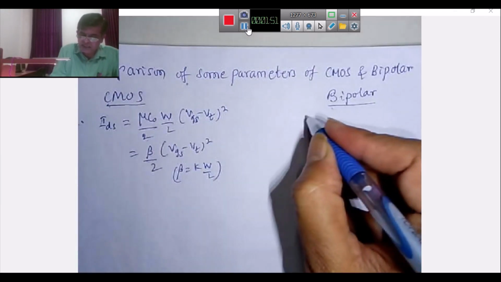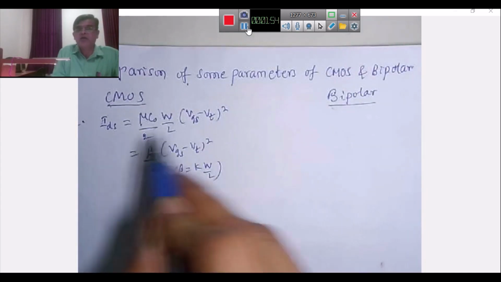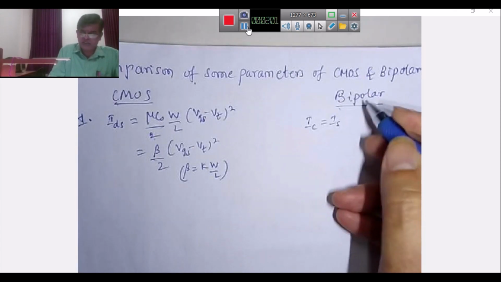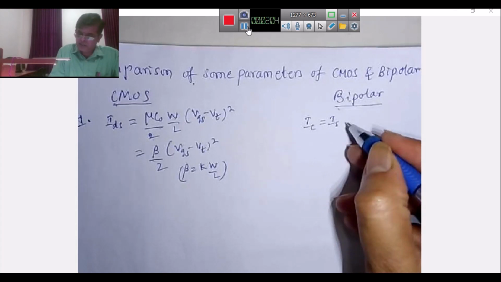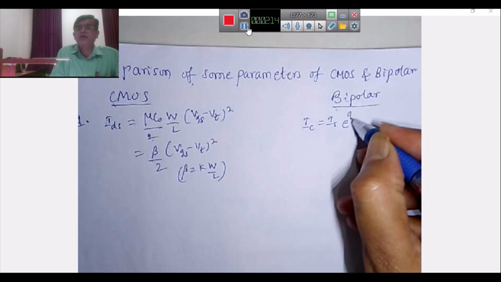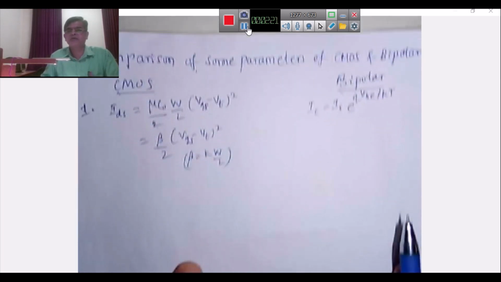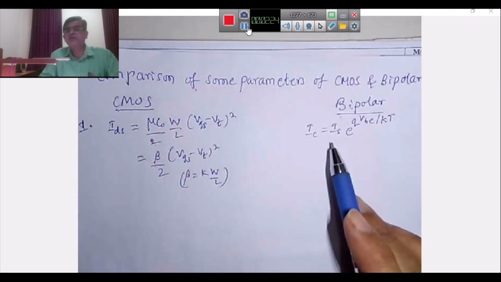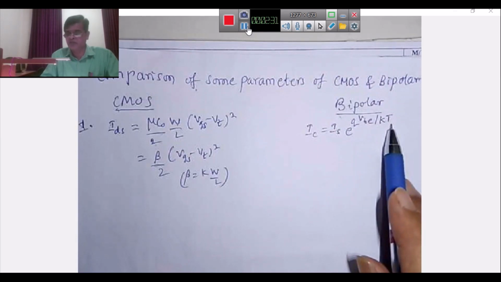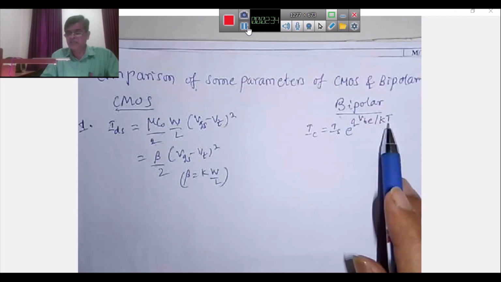The same way, IDS, the drain to source current, is analogous in bipolar to IC, and that IC is equal to IS, the maximum saturation current, into E raised to Q VBE divided by small k into T. Here K is the Boltzmann constant and T is the absolute temperature in Kelvin, so it is a constant at room temperature.